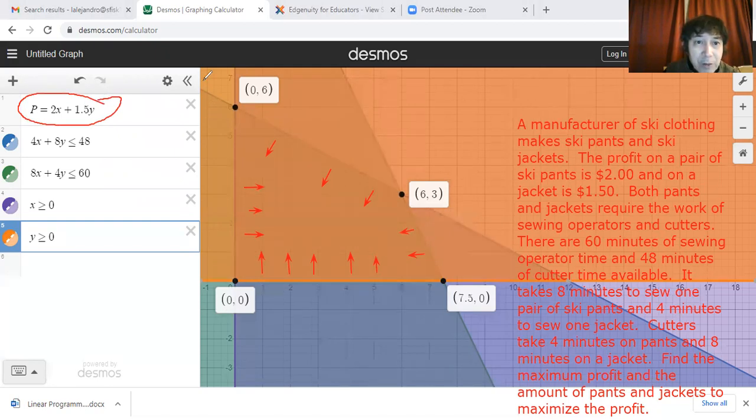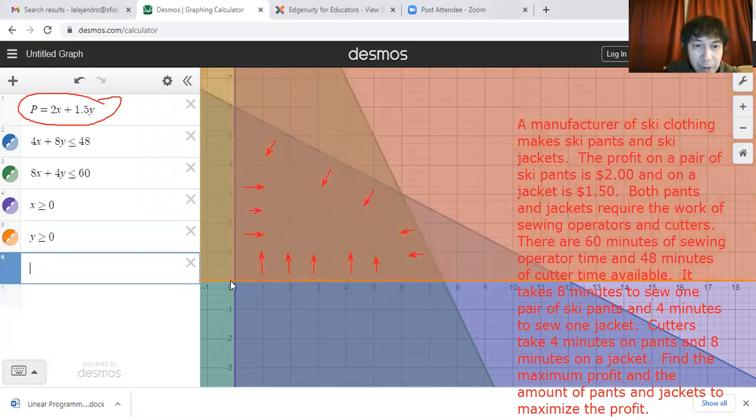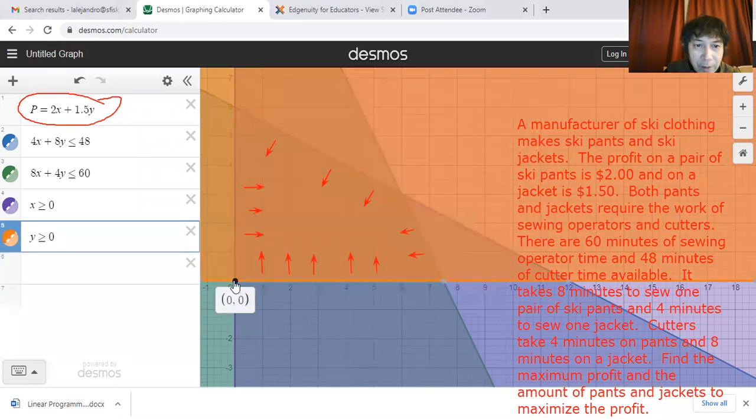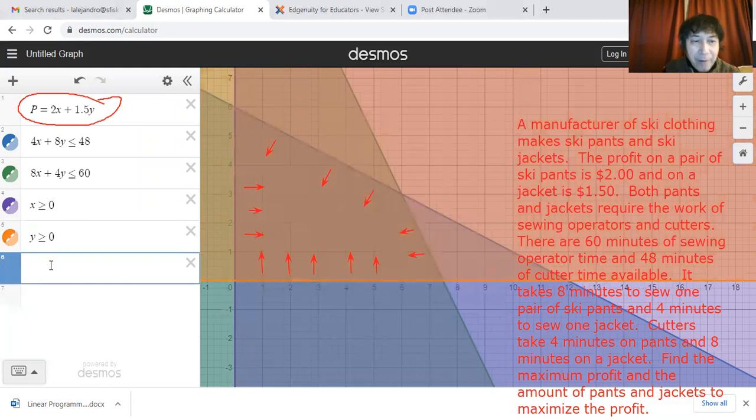So let us try it, starting with 0, 0. If we use 0, 0, P is equal to 2 times 0, of course this will be 0, and this is $1.50 times 0.